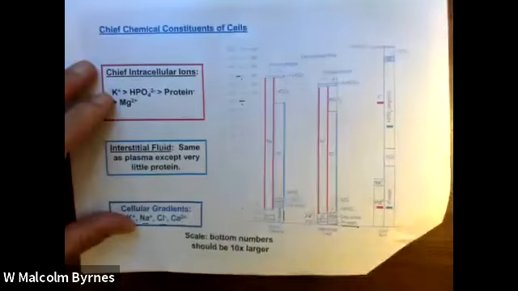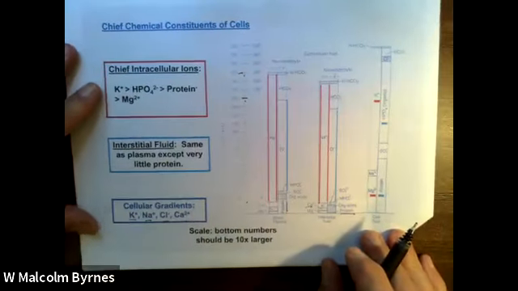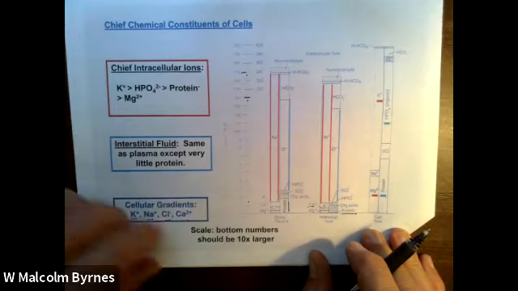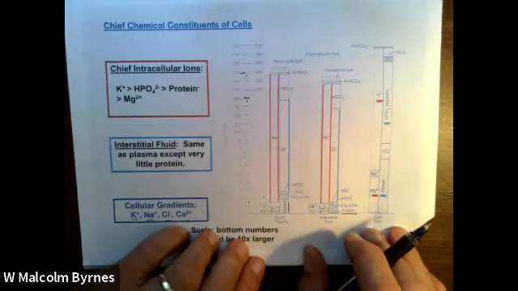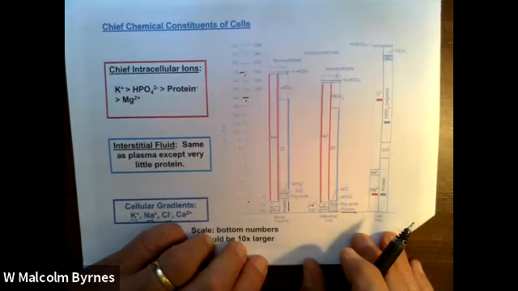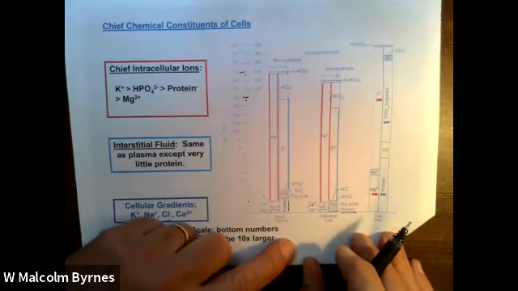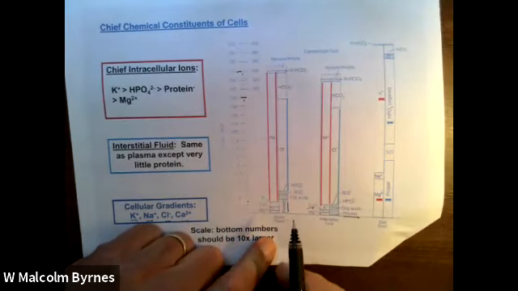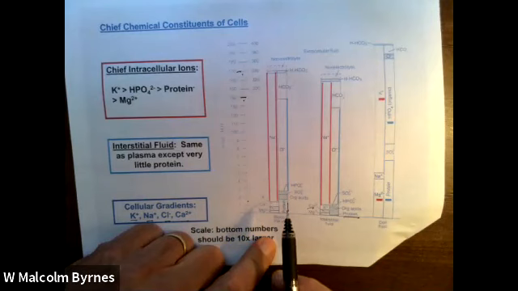Here's another slide. It's a little bit hard to make out. So again, you might want to depend on those slides that I've given you on Blackboard. But we can look at the chief chemical constituents of cells, and this figure shows 3 different pairs of bar graphs that show the levels of cations and anions, which are osmotically active, in different kinds of fluids.